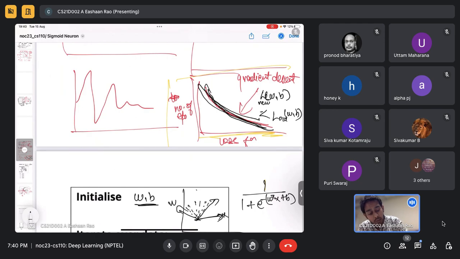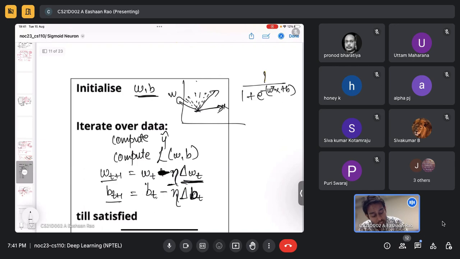So our algorithm should be such that these parameters, the delta w_t and delta b_t, give me a better loss function compared to the old one. Okay, that is our objective.